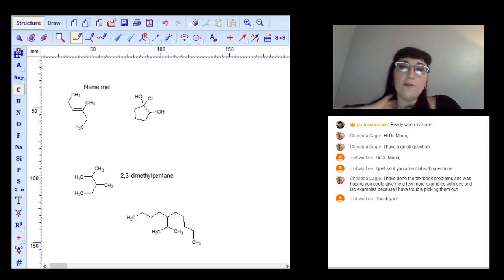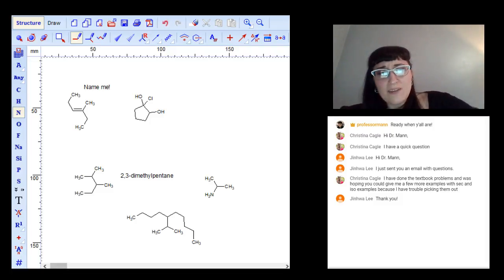For me, isopropyl is easy to see because it just looks like a V attached to something. So this would be isopropylamine. This could be isopropyl, 1, 2, 3, 4, 5, 6, 7, 8, 9, 10, so 5-isopropyldecane.